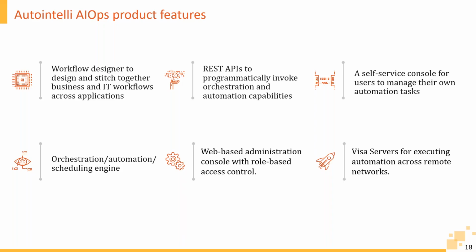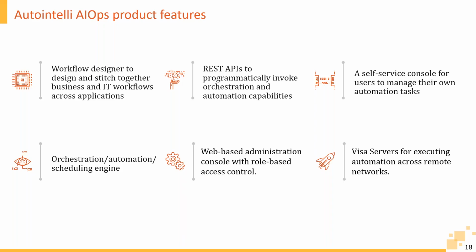Another important technical feature is the Visa server. These are basically enabled for hybrid environments. Today everything is becoming hybrid, on-prem mixed with cloud, or private cloud with public cloud. It can be a combination of anything, but for AutoIntly, these will be different availability zones.